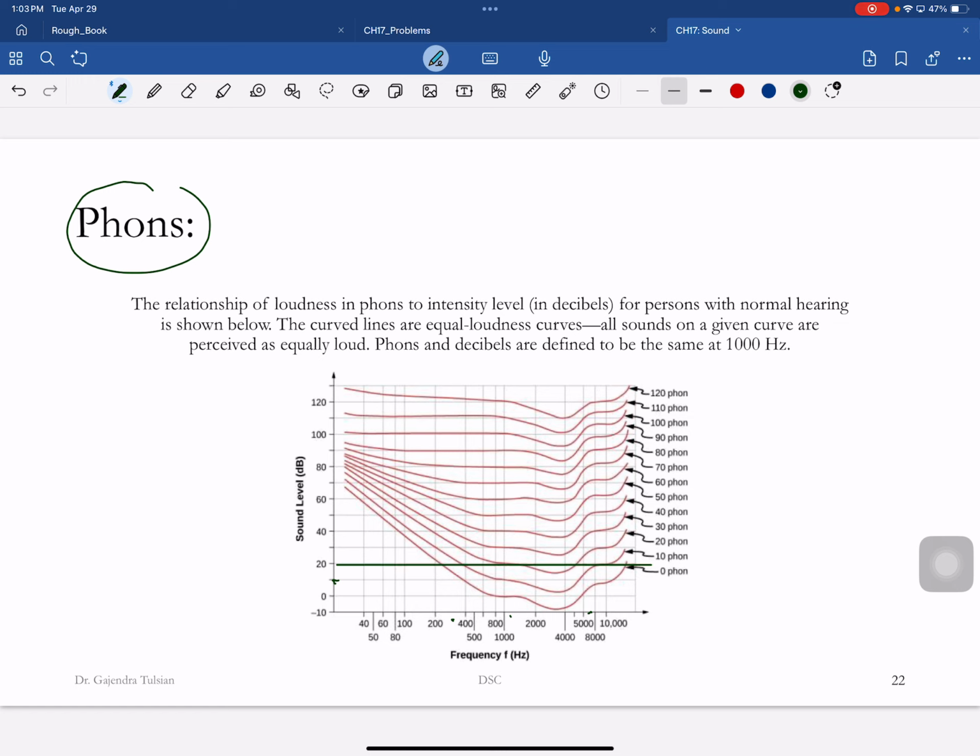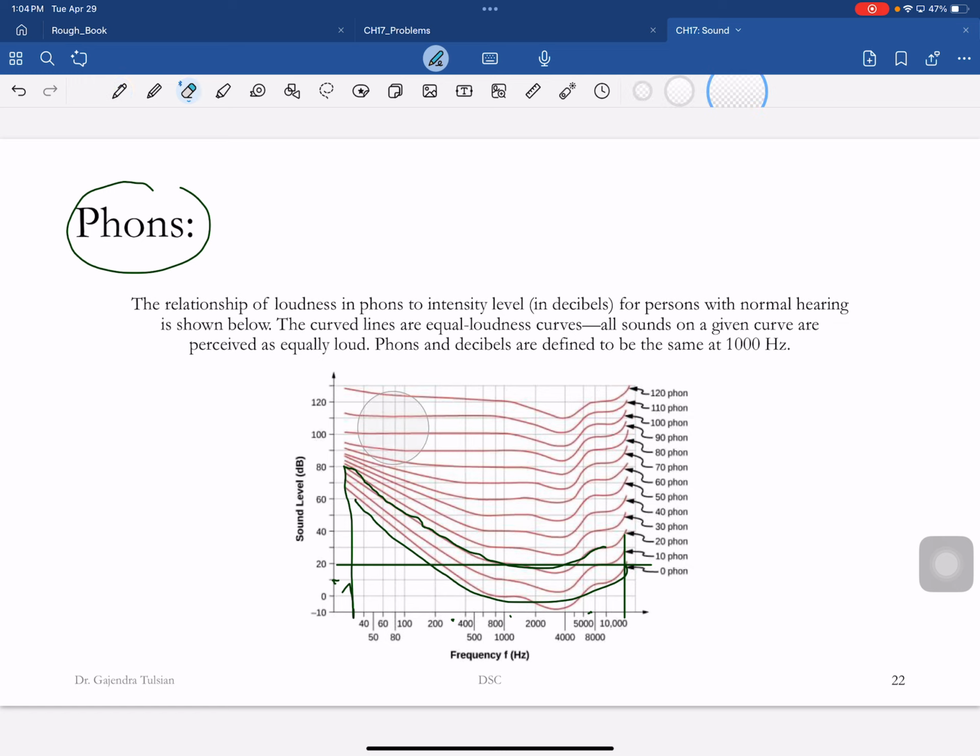But for you, this is 20 decibels. It has to sound 40 decibels at that frequency for you to say it's 20 decibels. It has to sound almost 80 decibels at that frequency for you to say 20 decibels. So your ear is not responding the same way to all frequencies.